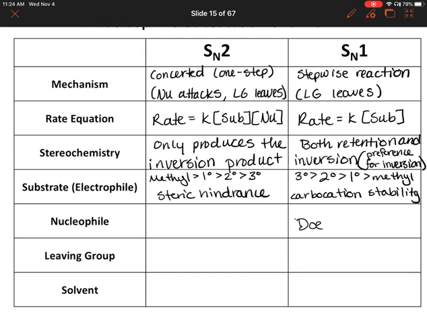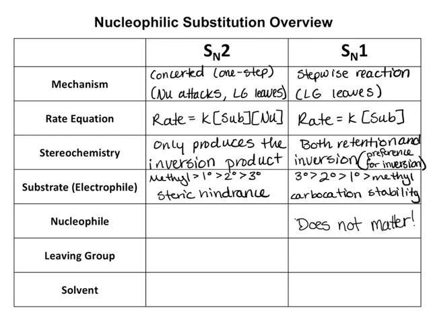So we'll just write does not matter. So that's easy. But for the SN2 reaction, it's different. The nucleophile does affect the rate of the reaction. So for an SN2 reaction, we would prefer a nucleophile that is less bulky and unstable.